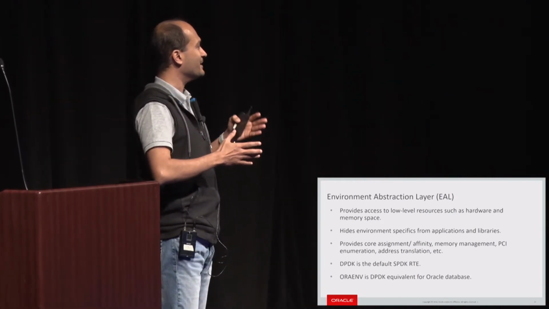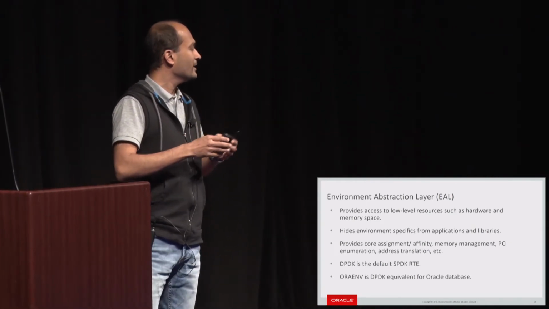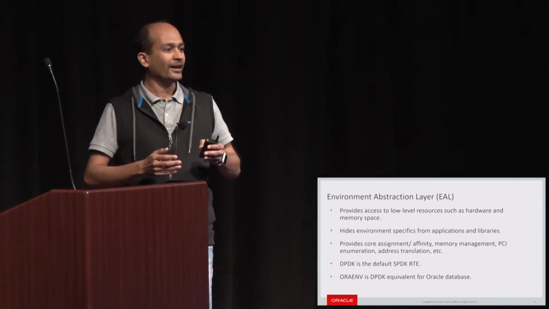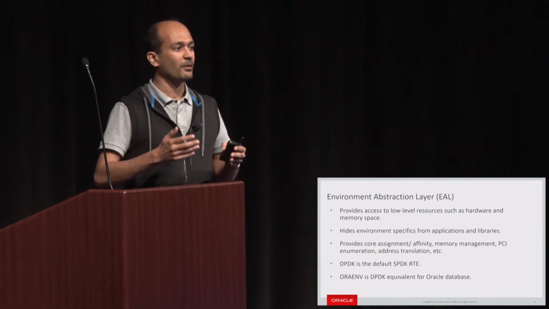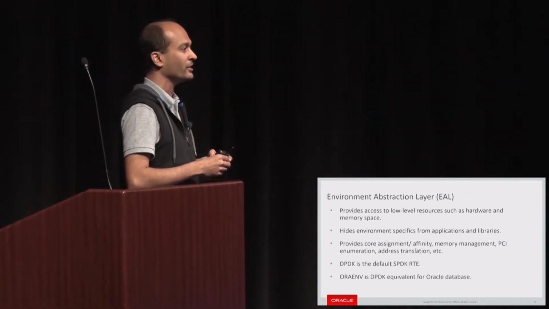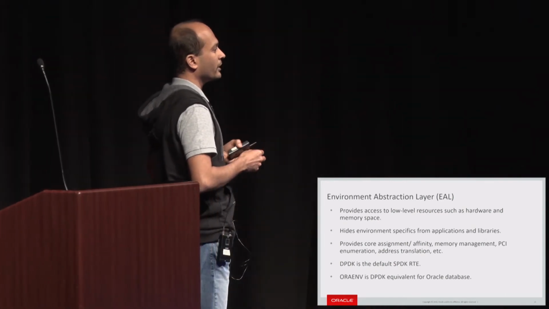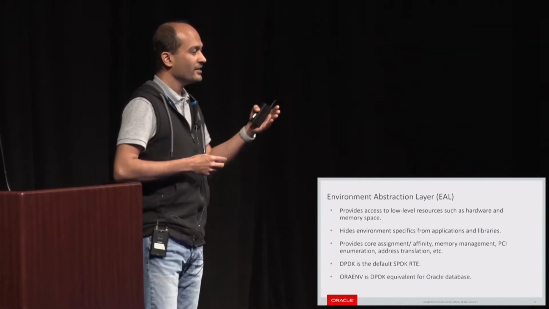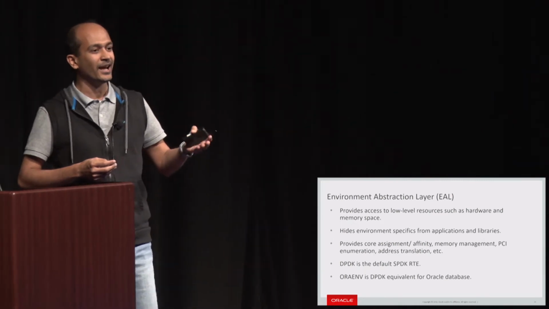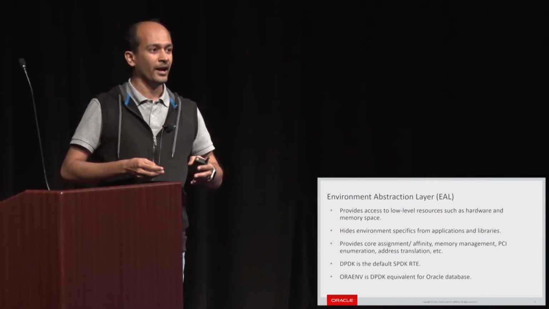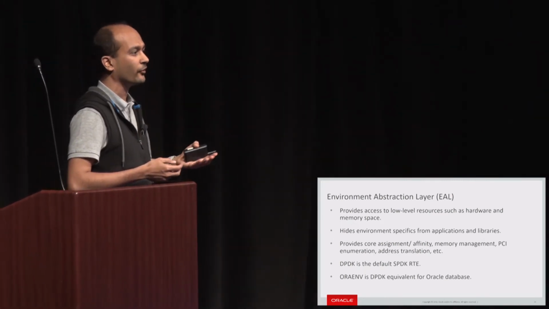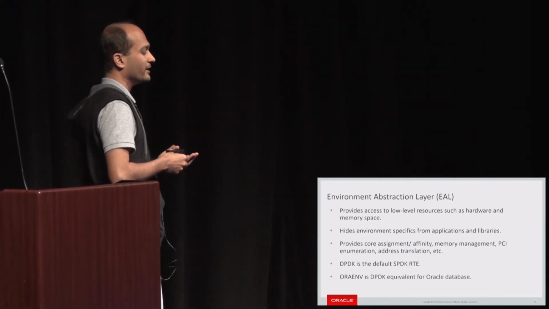And we can see that DPDK doesn't quite work the same way. That's why we had to come up with our own ENV, or environment abstraction layer. So just a quick summary of what an EAL provides today. DPDK, as I mentioned earlier, is the default that SPDK uses.